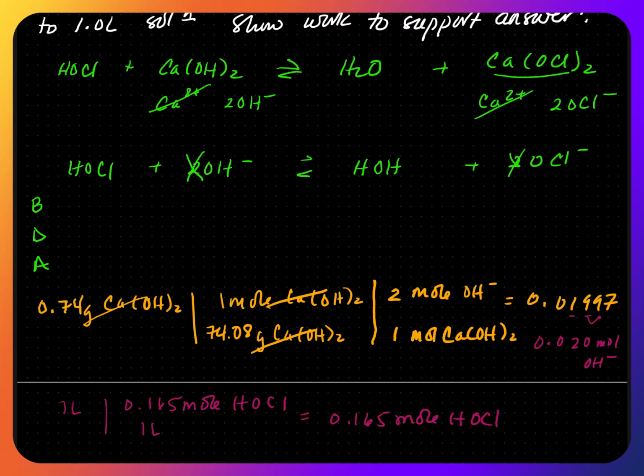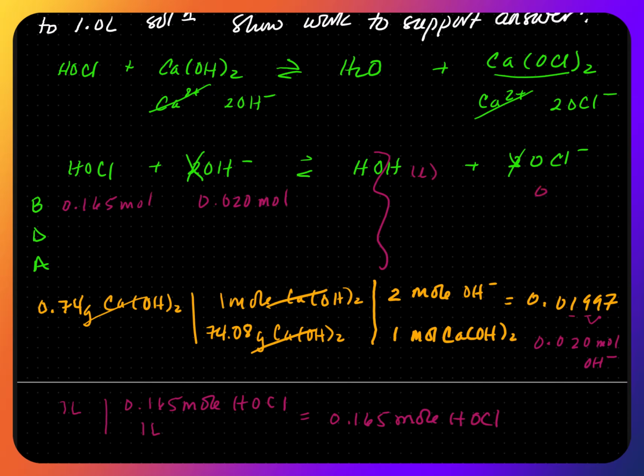Now I'm going to fill my BCA table up. The moles of HOCl is equal to 0.165 moles. The number of moles of OH minus is 0.020 moles. Water does not count because water is in the liquid state, and then OCl minus started at 0.